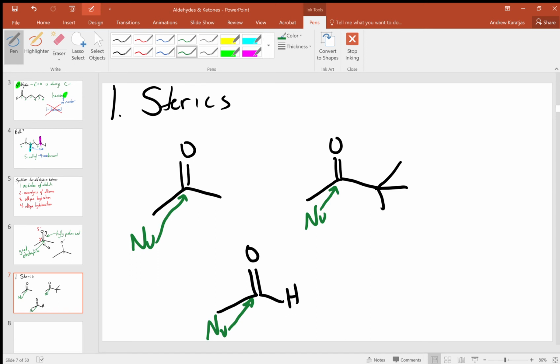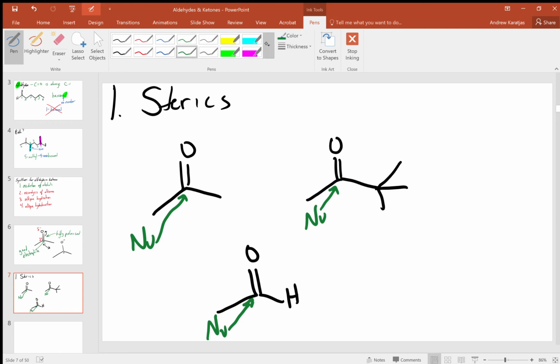We talked a lot about in the SN2 section that the more bulk, the more hindrance you put around an electrophile, the more difficult it is for a nucleophile to get in there. And while this is a little bit different because a carbonyl is planar, whereas in SN2 reactions we are dealing with tetrahedral carbons, the principle is largely the same.